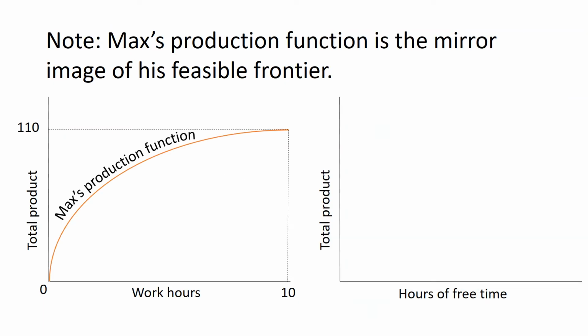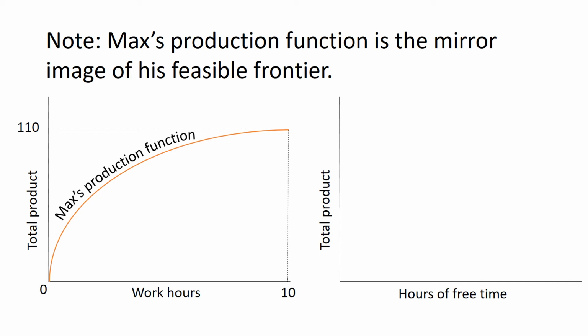One more thing to note before we move on is that Max's production function is the mirror image of his feasible frontier. The feasible frontier is plotted with hours of free time on the horizontal axis instead of work hours. But work hours plus hours of free time must add up to 24 hours in a day.